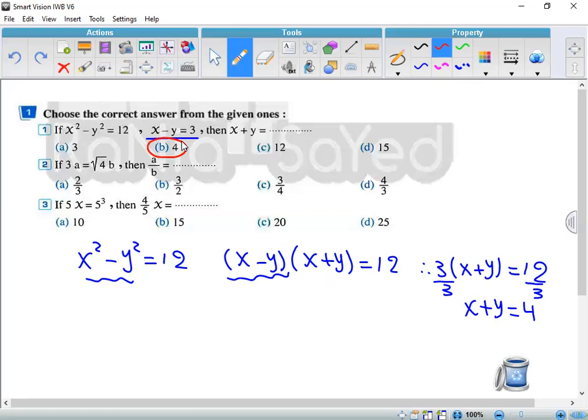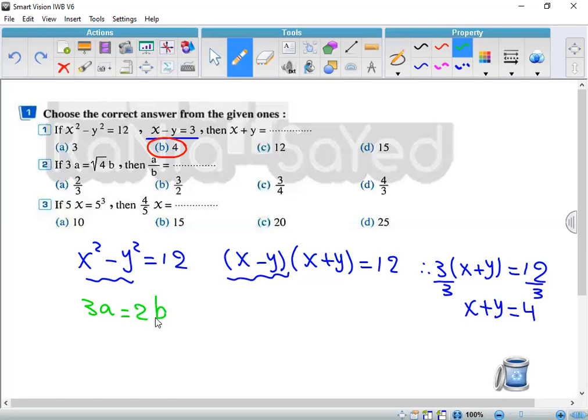Number 2. If 3a equals root 4b. Root 4 equals 2, then 3a equals 2b.